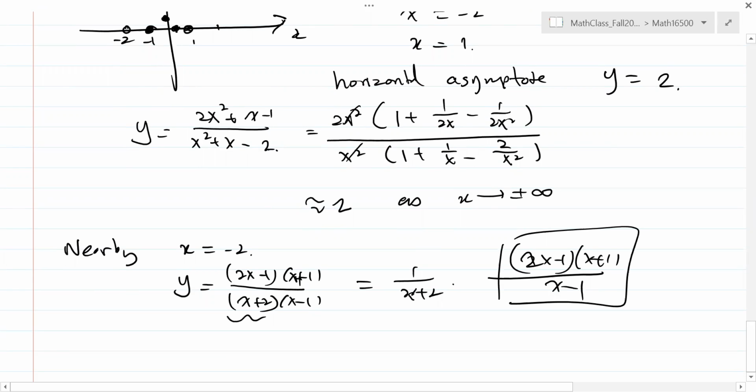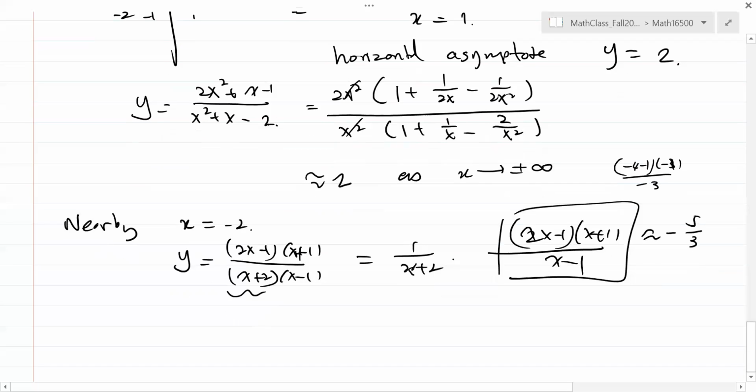So what is the value of this part when x equals -2? It would be -4 minus 1, -5, and -2 plus 1 is -1, and -2 minus 1 is -3. So this is still negative. This is going to be -5/3 when x is close to -2.